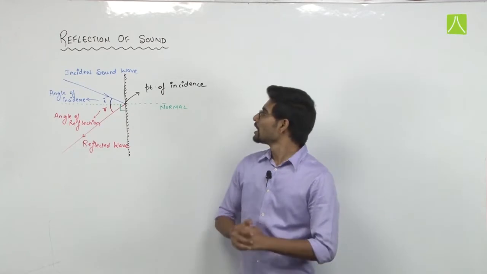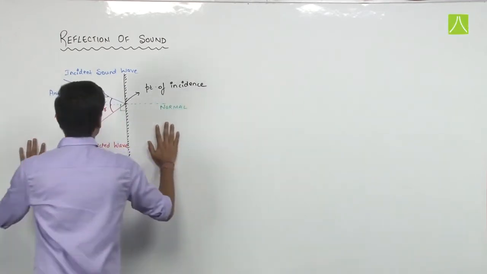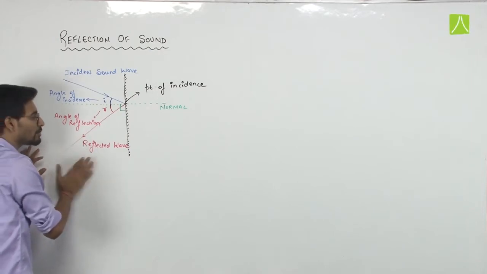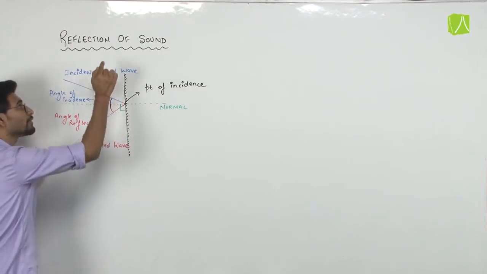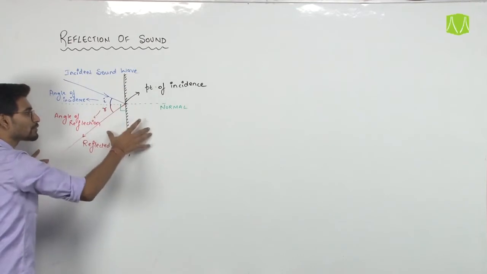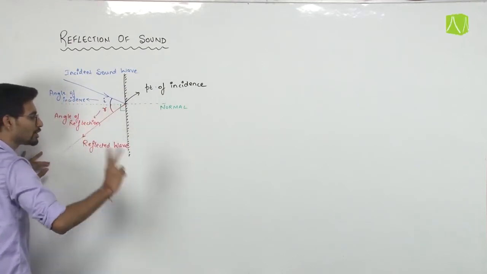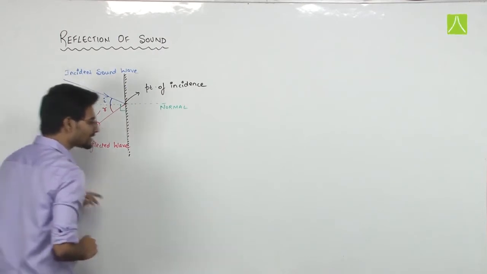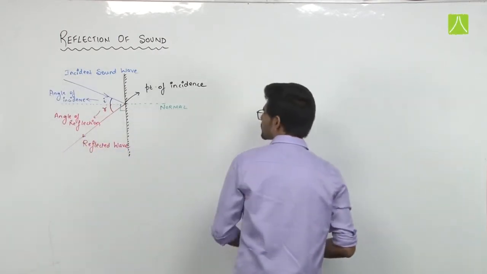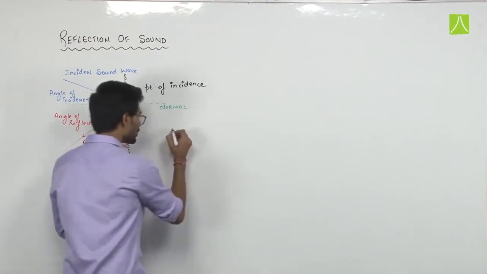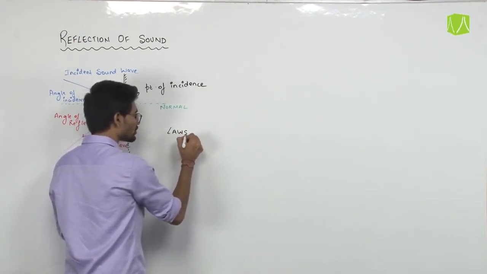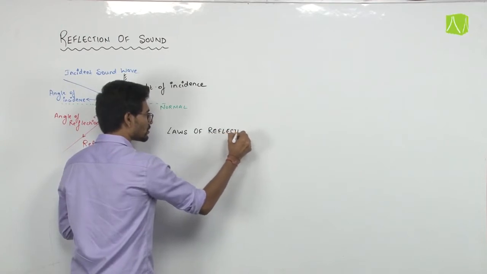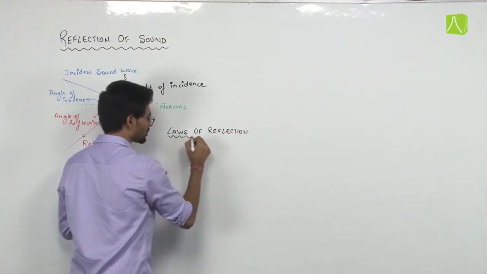Now, whenever there is reflection, the phenomenon of bouncing back of a sound wave into the same medium after striking a surface, there are two laws that this phenomenon will follow. Those laws are known as the laws of reflection. So moving to the laws of reflection.